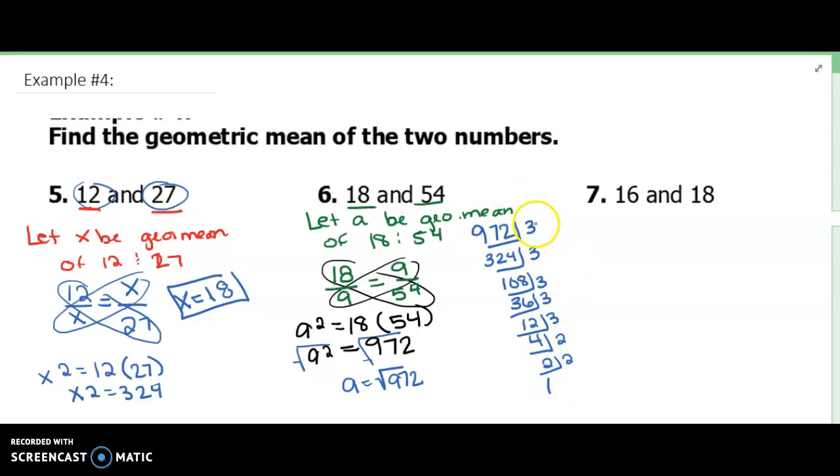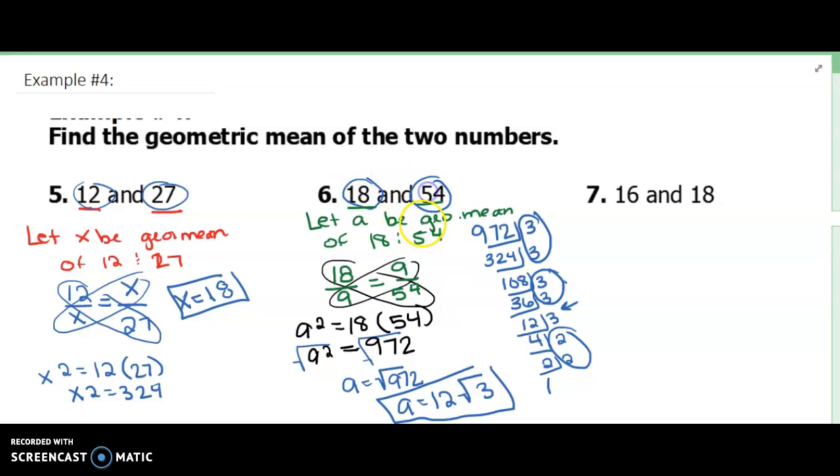We get to 1, we're done. So we have a pair of 3s, a pair of 3s, a leftover 3, and a pair of 2s. So 3 times 3 is 9, 9 times 2 is 18, and a leftover 3. Wait, as spoken: 3 times 2 is 6, 6 times 2 is 12, and a leftover 3. So A is 12 square root of 3. So 12 square root of 3 is the geometric mean of 18 and 54.